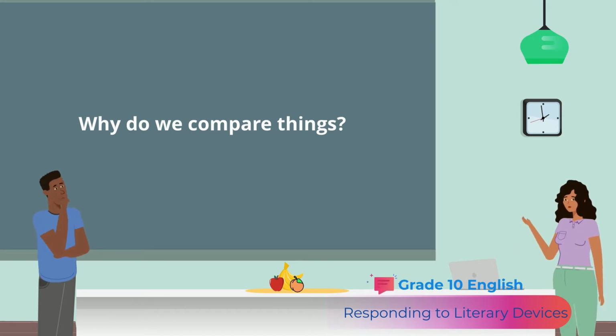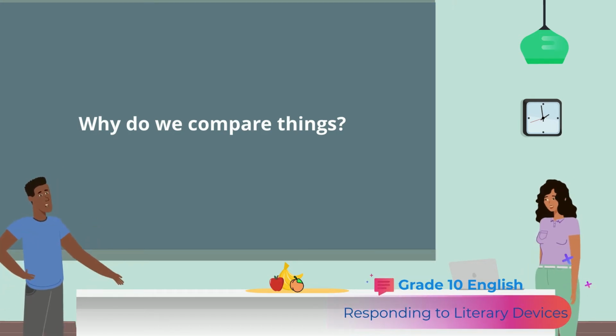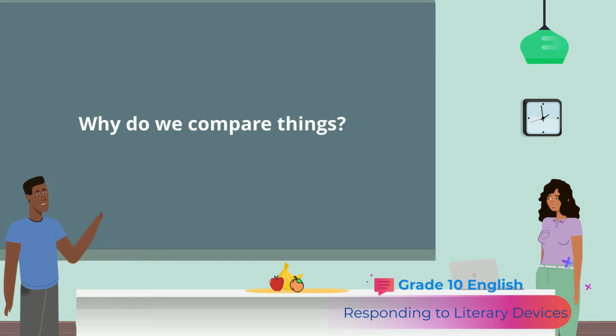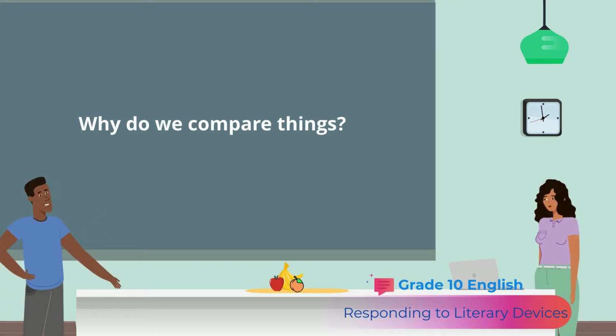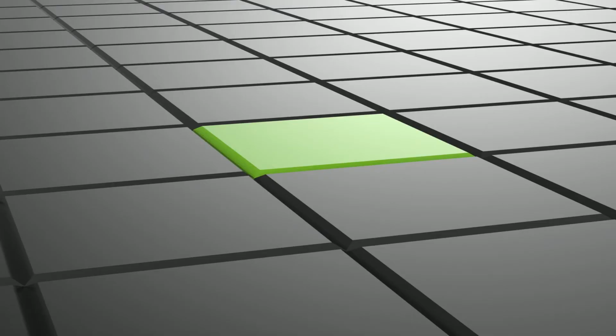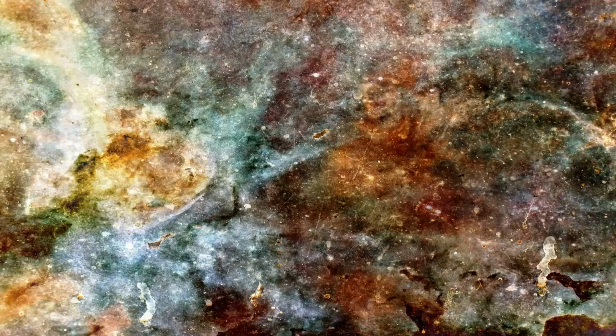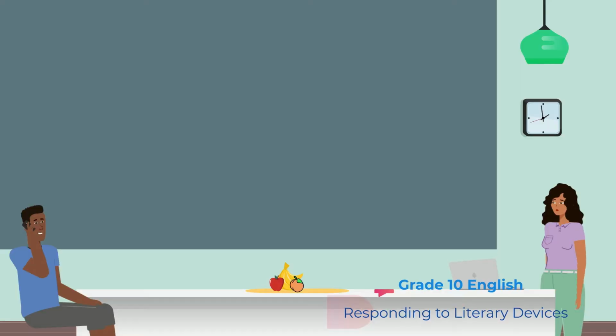Think about it. We might compare to see a difference. We might compare to highlight similarities. We might compare to make an abstract idea concrete, or maybe for other reasons you were told by the person next to you.